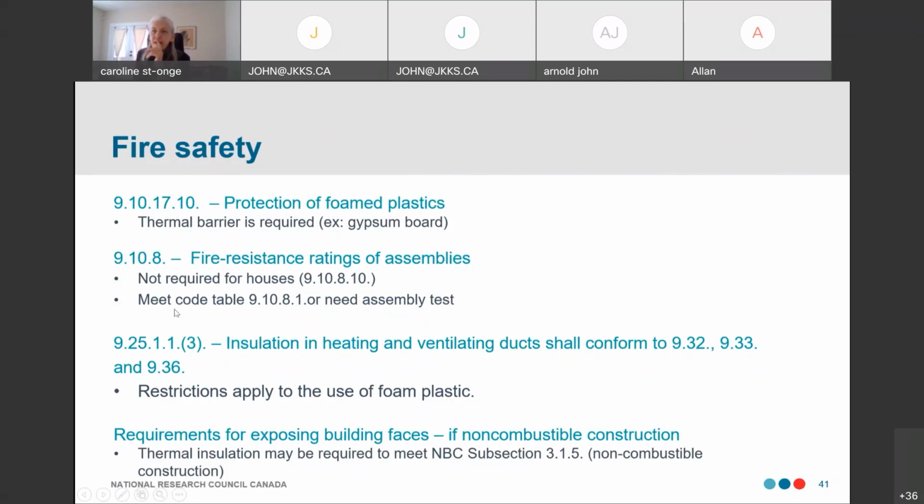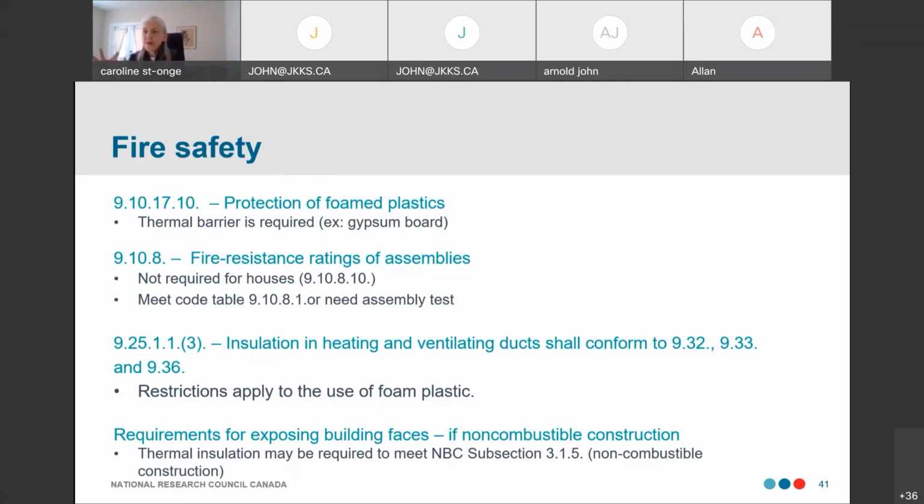But if it's not a house, then the fire resistance rating must be established per 9.10.8. And either it has already been determined and there is a table in the code that shows a list of different assemblies that have already been tested with the insulation within the assembly, but it's limited to standardized types of insulation.